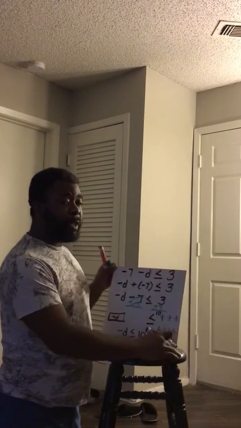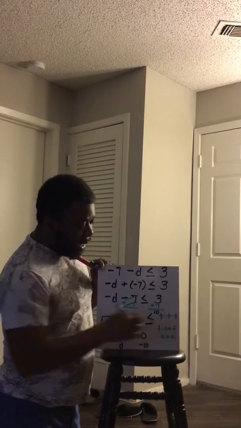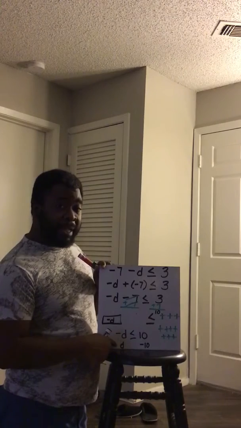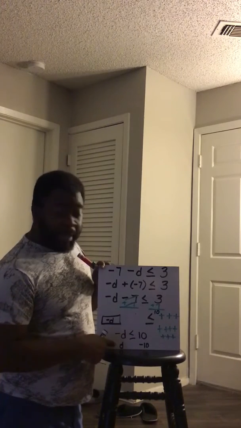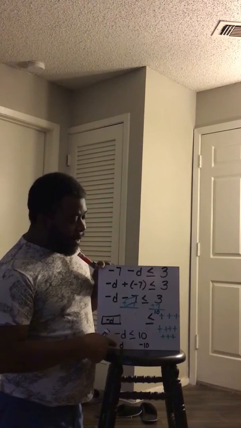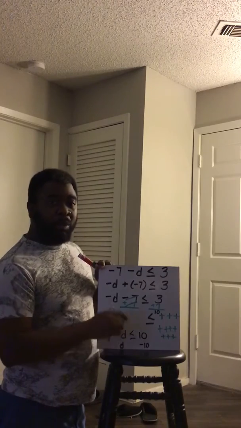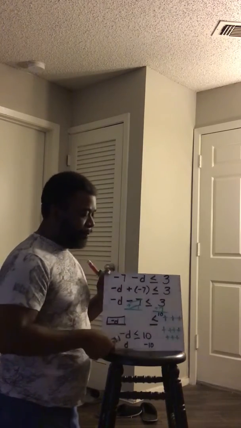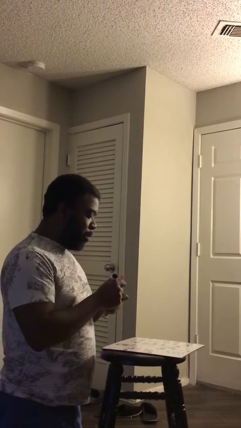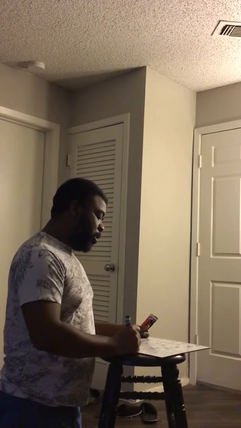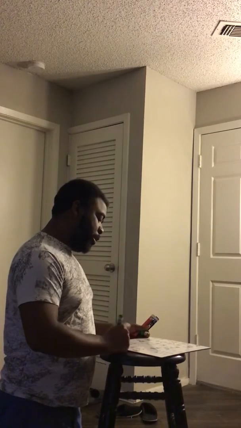This is where the tricky part comes. If I had to take the opposite to get it as a positive d, then my inequality symbol has to flip. So it now becomes, instead of less than or equal to, greater than or equal to.